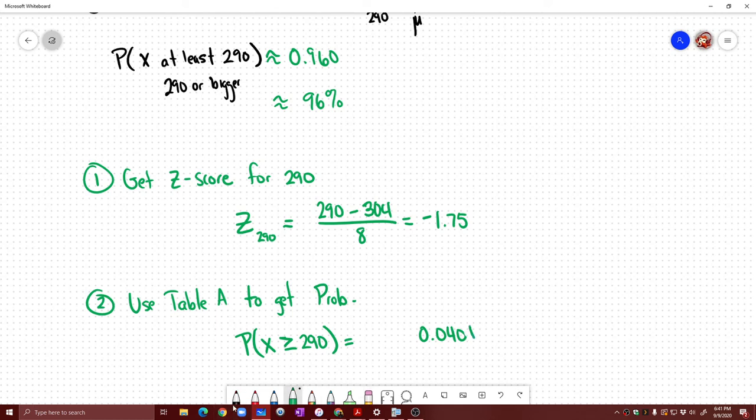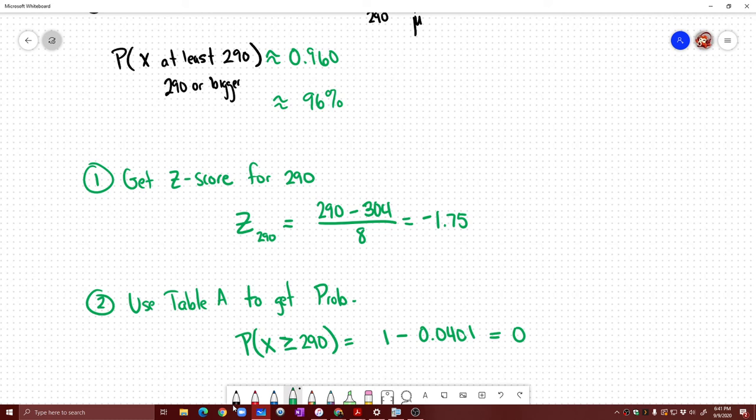But again, what I want is the complement. I want the other side. So I'm going to subtract that from 1. Basically I'm subtracting the 4% from 100%, which is going to give me the answer that I want, the original decimal that we got.